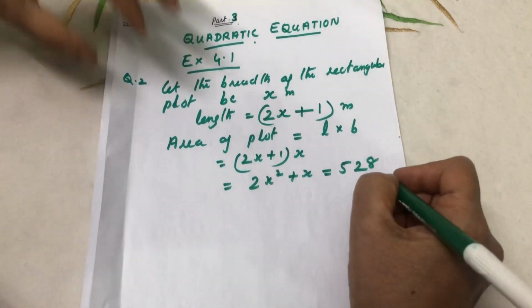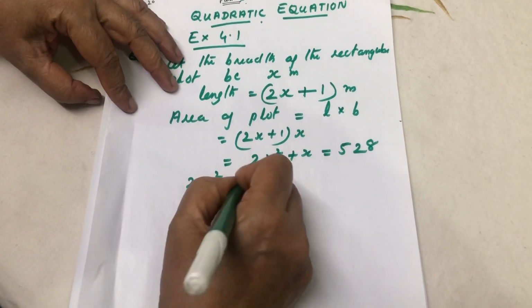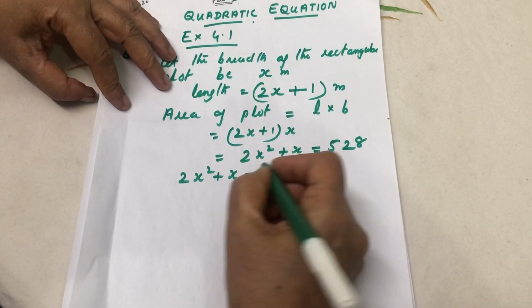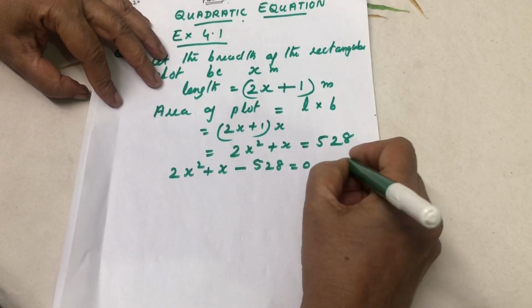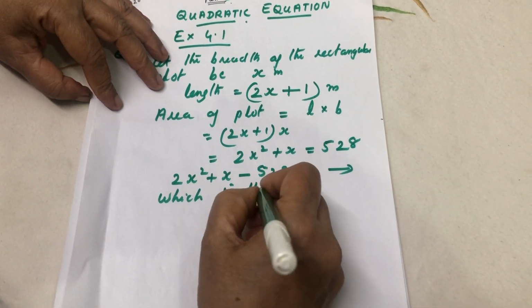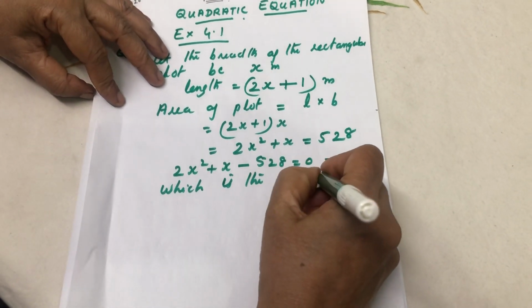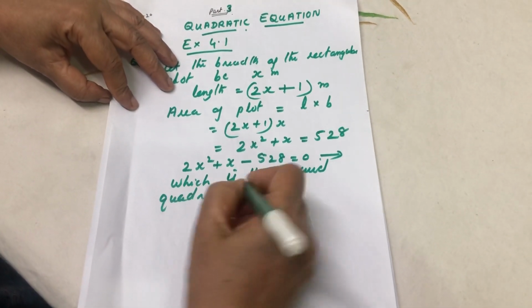Therefore 2x squared plus x is 528. Take this 528 to this side: 2x squared plus x minus 528 equals 0, which is the required quadratic equation.